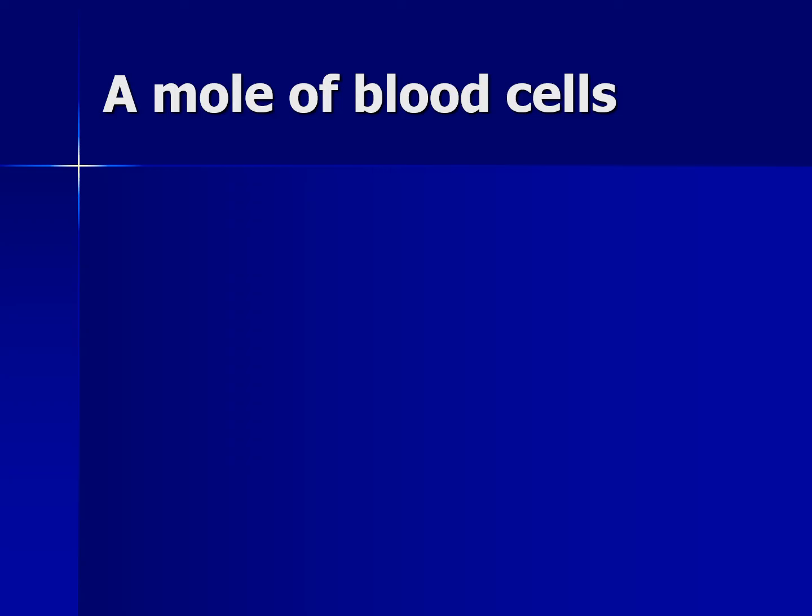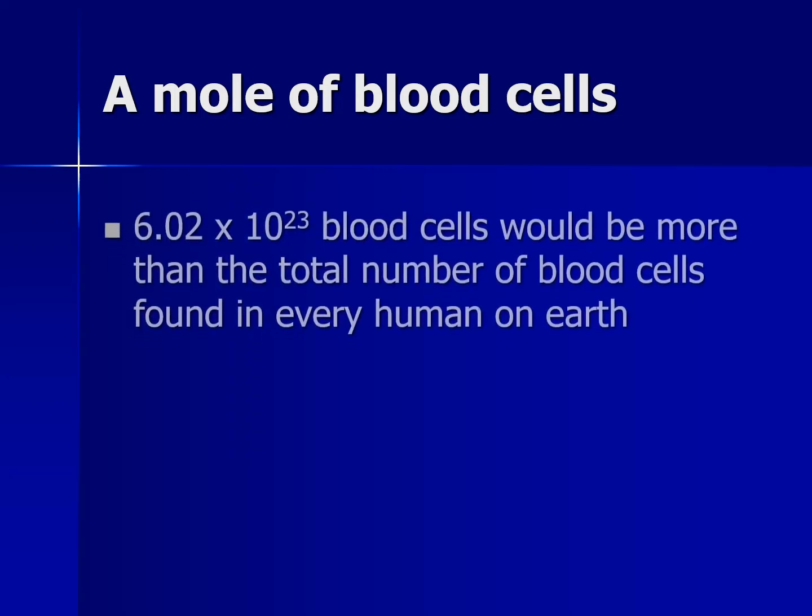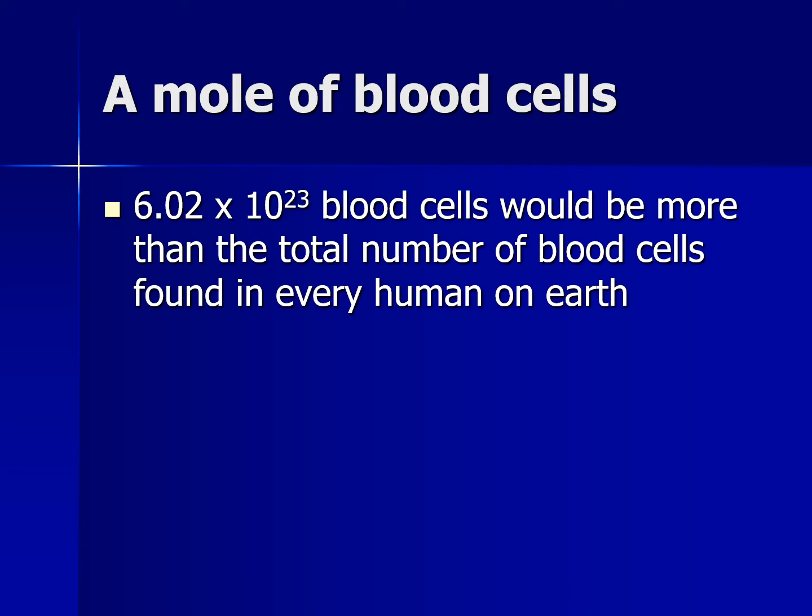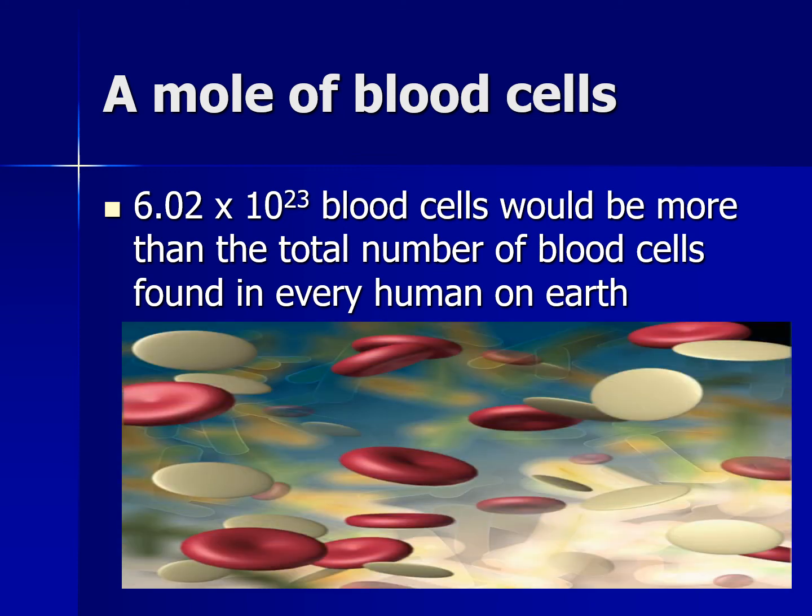Okay, what about a mole of blood cells? Once again, a mole of blood cells would be 6.02 times 10 to the 23rd. So what would that look like? It would be more than the total number of blood cells found in every human on Earth. That's a lot of blood cells.